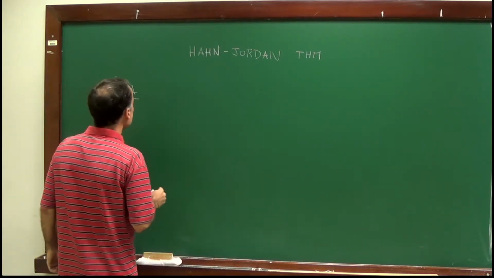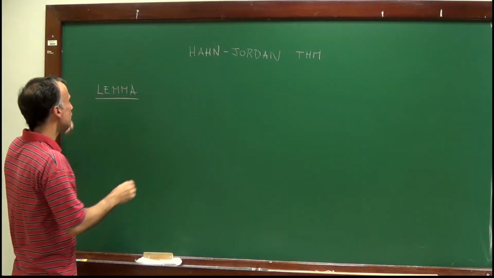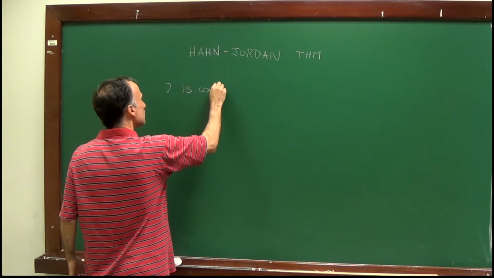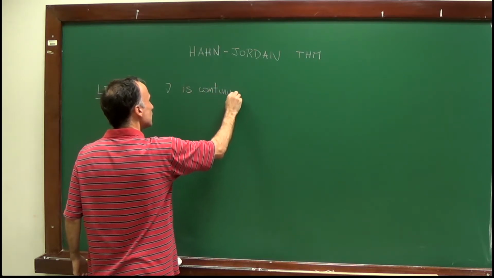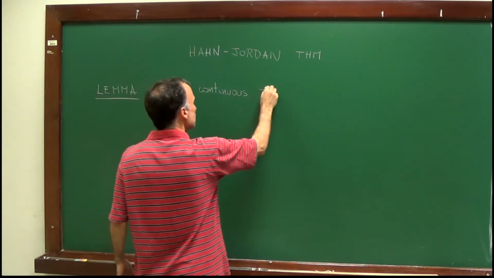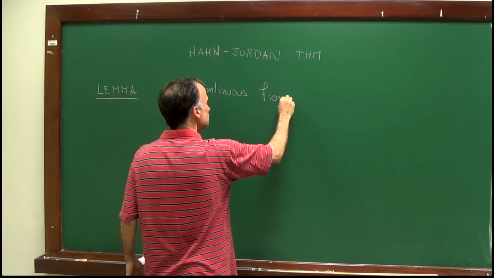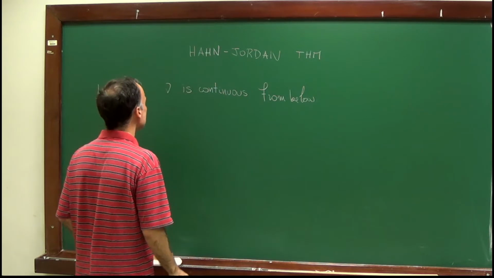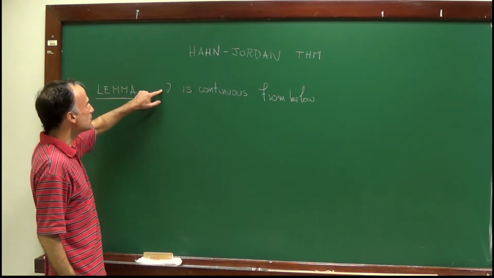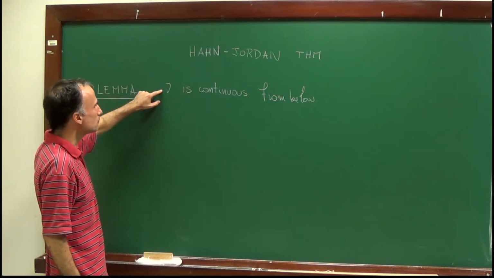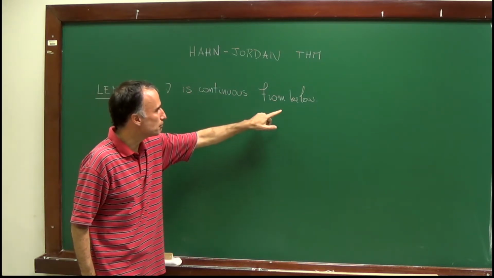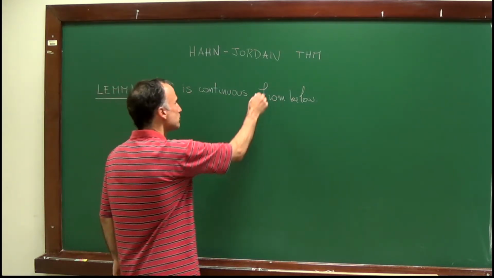So we will prove that nu is continuous from below, and, remember that we are assuming that nu is sigma additive, so I will prove that nu is continuous from below and from above.